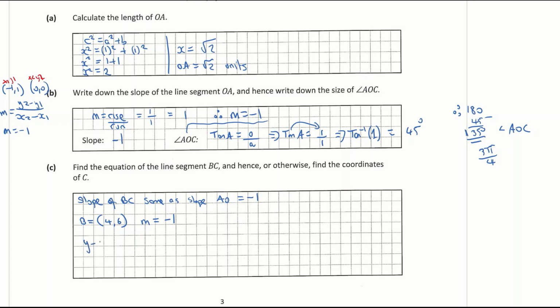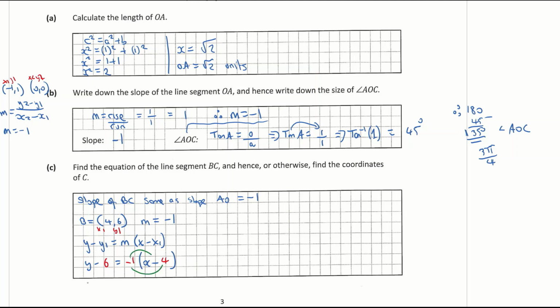Forming my equation of the line, y minus y1 is equal to m times x minus x1. Subbing that in, my y1 is 6, equals my m, which is -1, times x minus x1, which is 4. Then tidying that up, I multiply in the brackets.